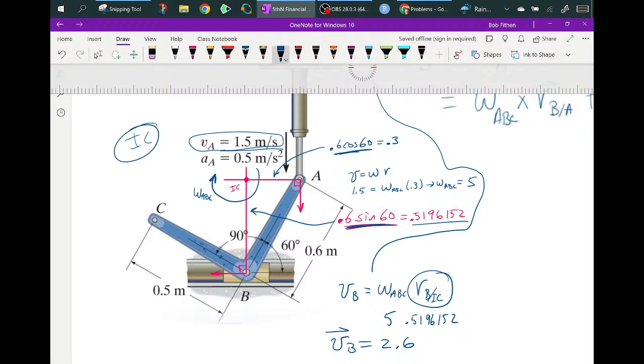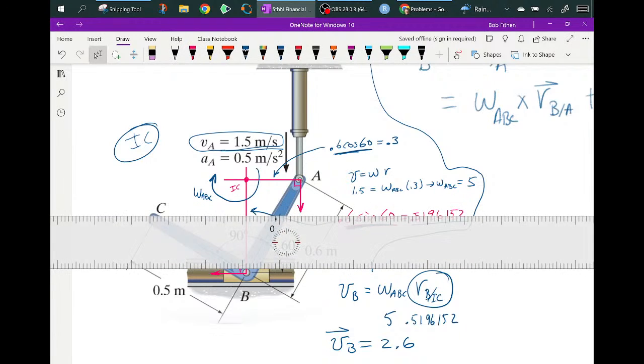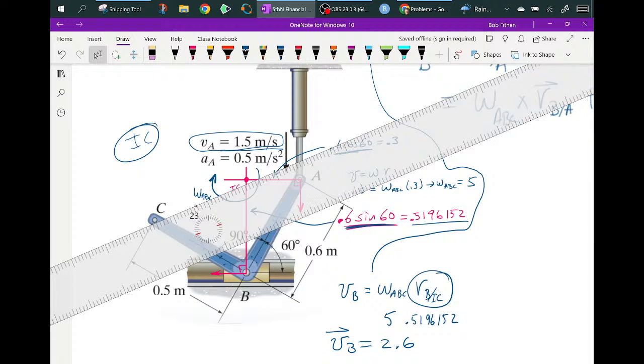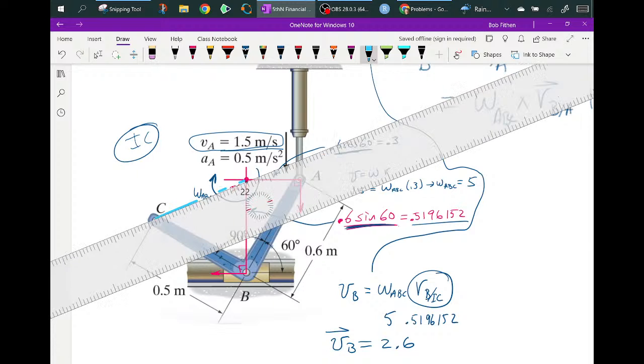Now here's what's so funny. Not funny in a bad way or anything. But if I were to take my ruler and do the best I can about drawing a very dotted line to here is 23 degrees.